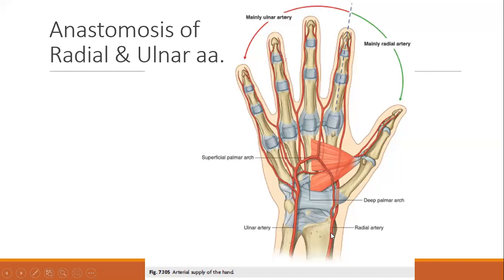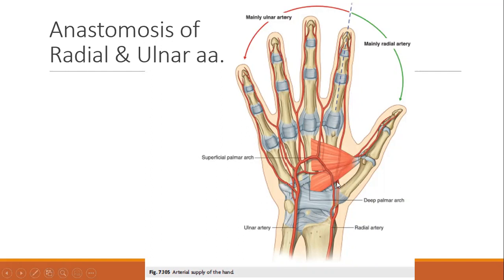So you can see this is your radial artery, it keeps going, and then you have a branch that goes to give blood supply to the thumb. That's your princeps pollicis. But then you also have a branch that gives blood supply to this lateral side of your index finger. That's radialis indicus. So those two are special.